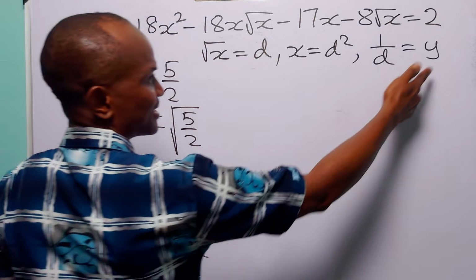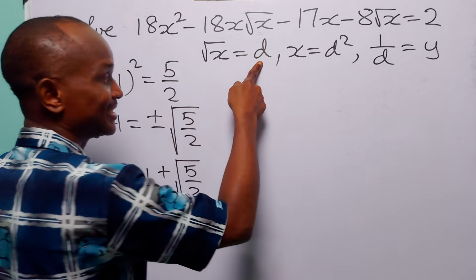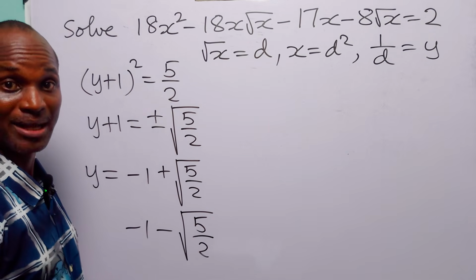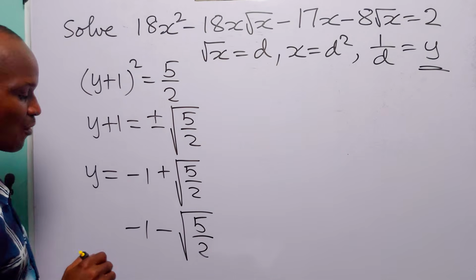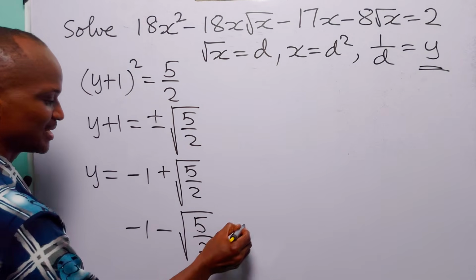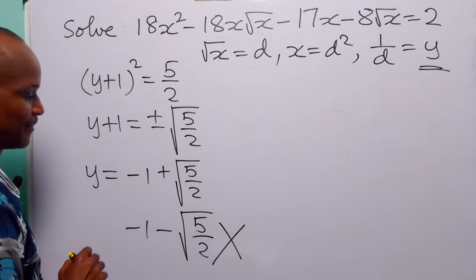Now, remember that y is equal to 1 over d, and d must be a positive number. So that means that also y must be a positive number, and that immediately disqualifies this second value of y.